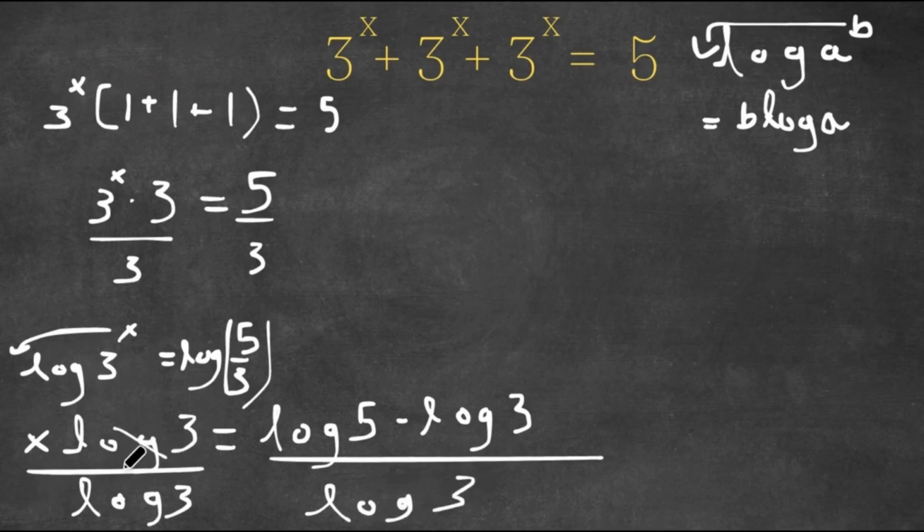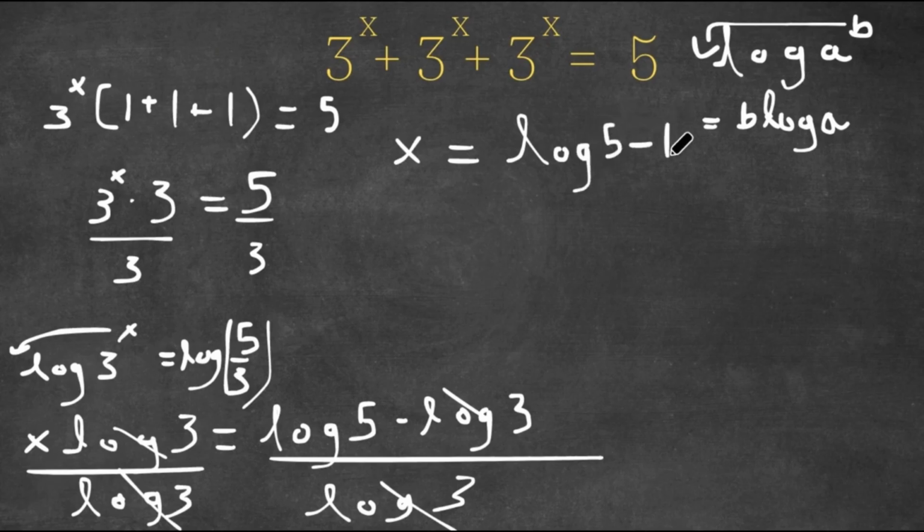So then these two cancel out, these two cancel out, and I'm left with x is equal to log 5 over log 3 minus 1.